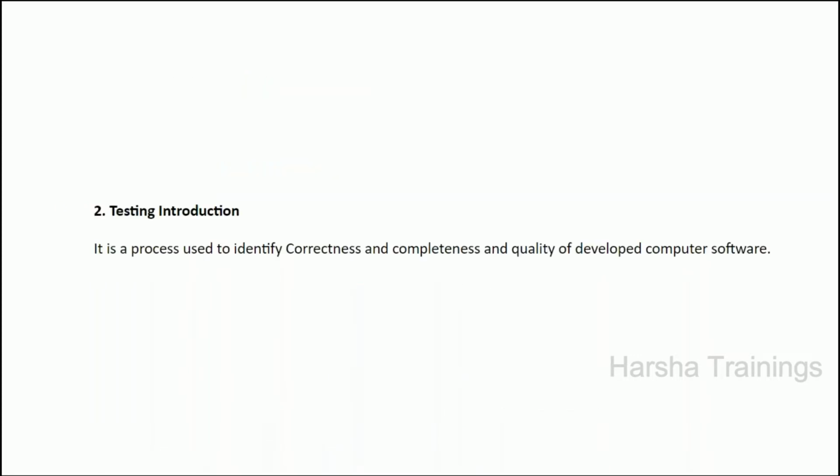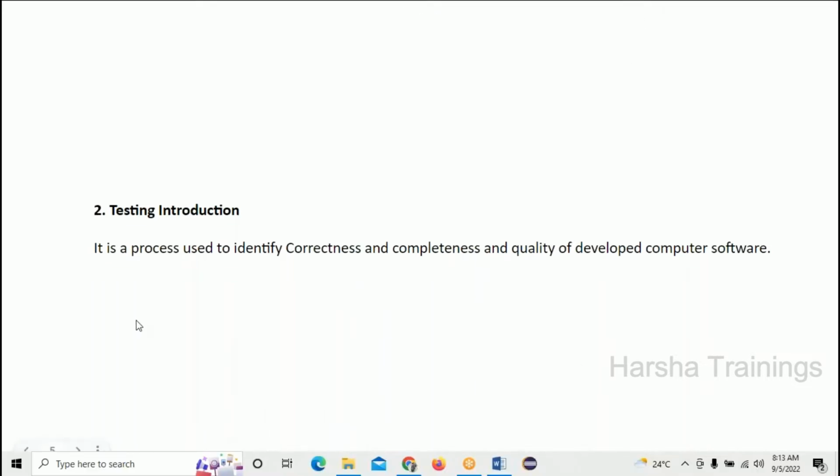I hope you are clear about what is meant by testing. Here you can see a small definition. It's a process used to identify the correctness, completeness and quality of the developed computer software. We are checking the correctness and completeness: is the product developed correctly, is it completely developed, or is it only partially developed.